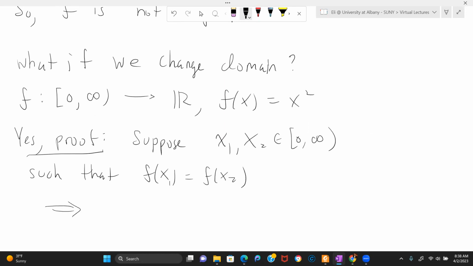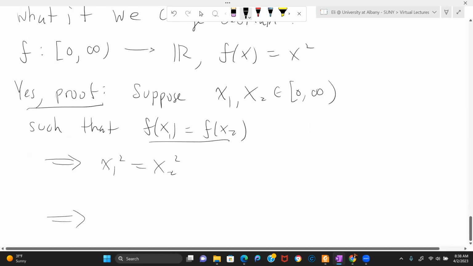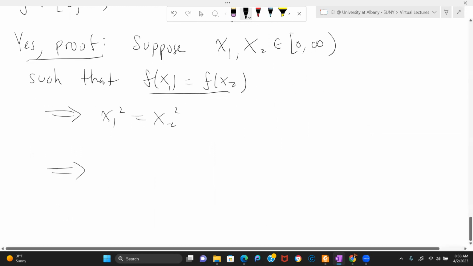So now, if this is the case, then you have x1 squared is equal to x2 squared. Now here, we're going to take a square root. We're going to kind of do what we did with the cubing.